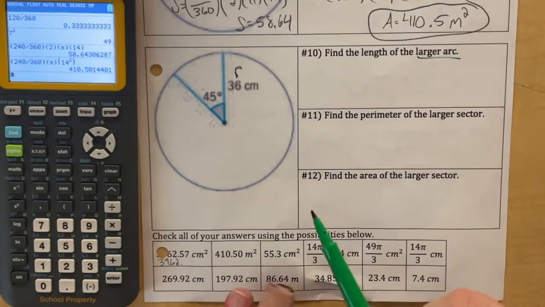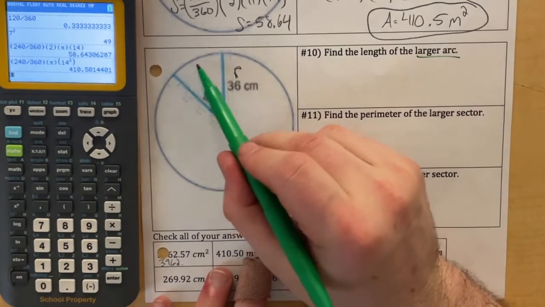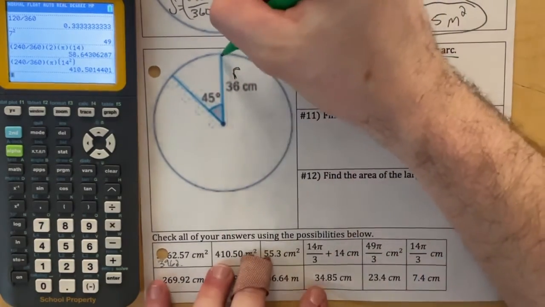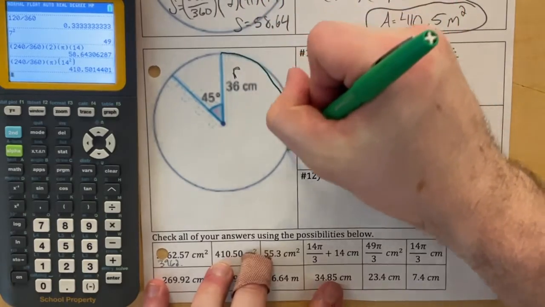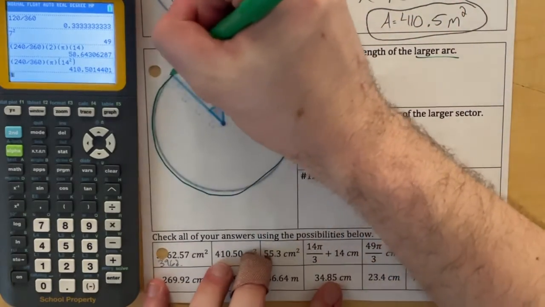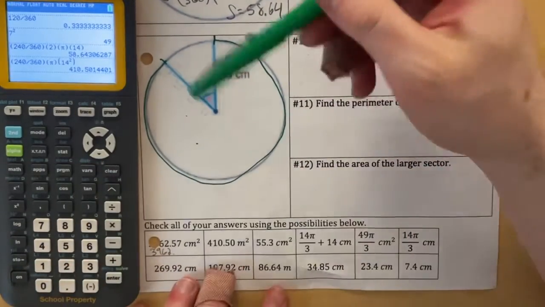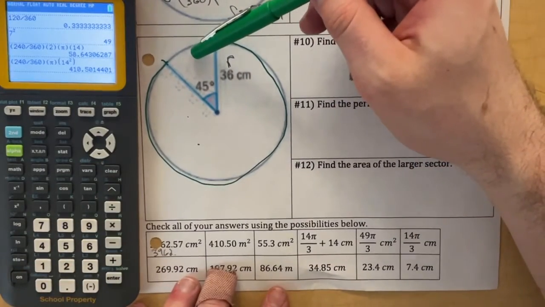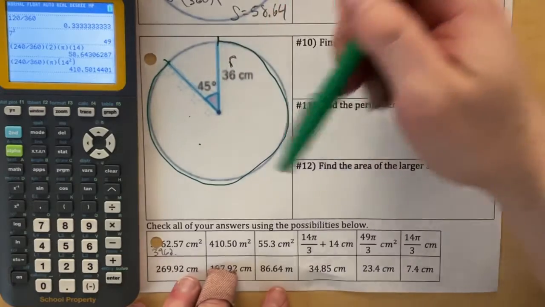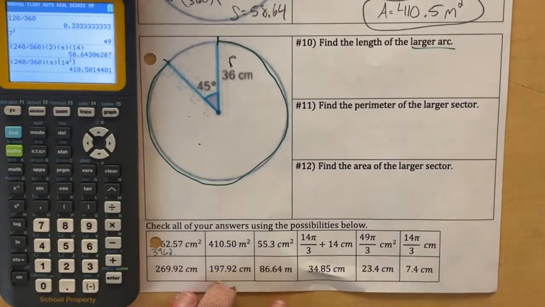What is going to be that larger arc? Is it going to be this slice here, or this outside amount? If this is a slice of the pizza pie, the remaining amount is going to be that larger arc. So we need to figure out what that angle amount is.